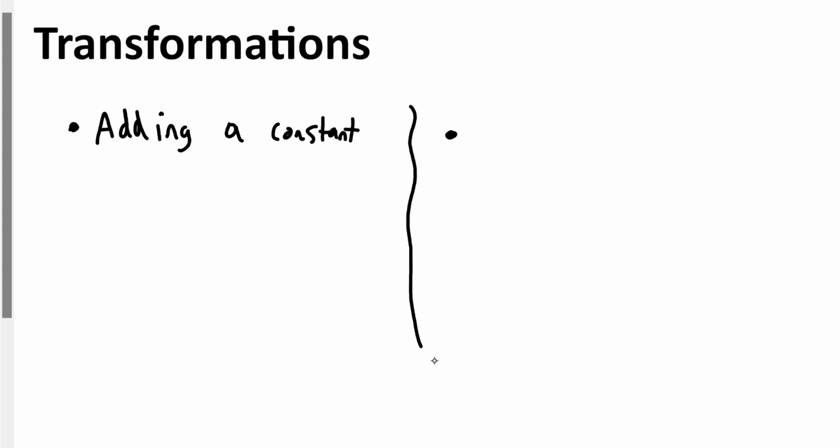If you think about multiplying, so let's just do a little recap. There's a difference between adding and multiplying. So adding or subtracting or multiplying. So we'll say adding a constant versus multiplying by a constant.